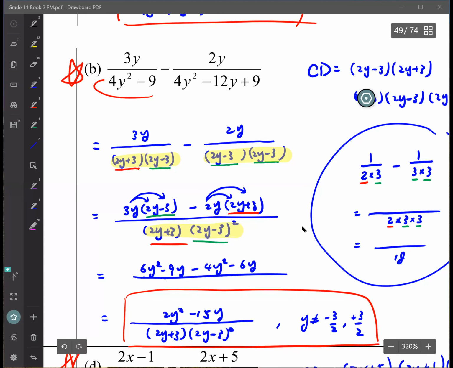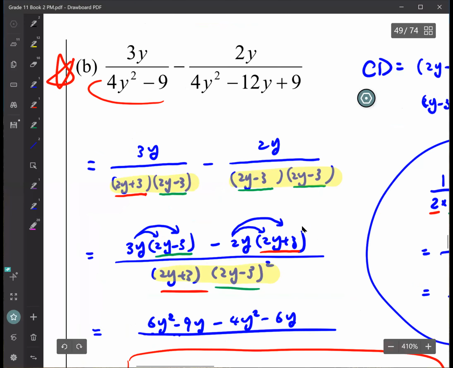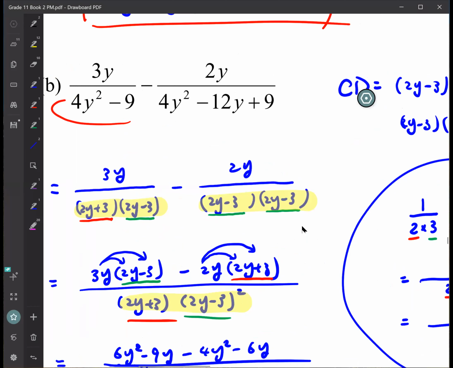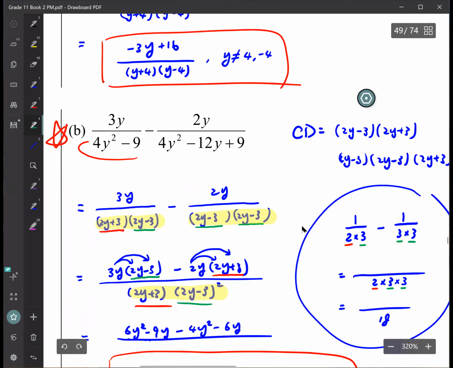Okay, so the common denominator, if you look at this, the yellow highlighted, right? You have 1 red and 3 greens, okay? But we don't need all 4 of them to be common denominator. The common denominator we chose is just 2 green is enough, right? 1 green, 2 green, right?